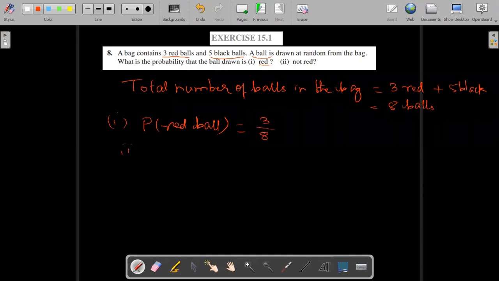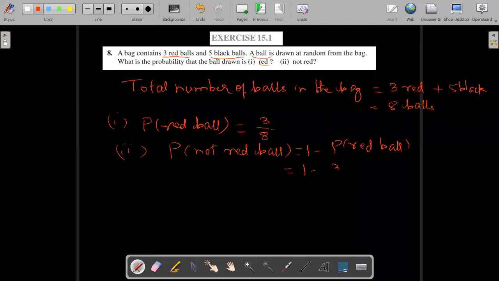Similarly, the probability of getting a not red ball is equal to 1 minus the probability of getting a red ball. So that is 1 minus 3 by 8. The LCM is 8, so 8 minus 3 means 5.